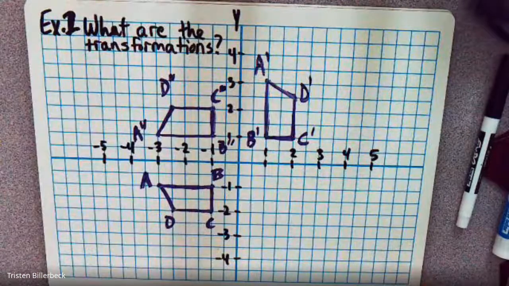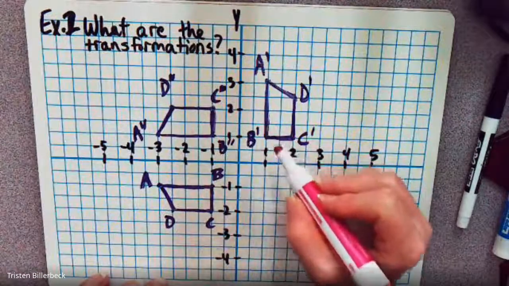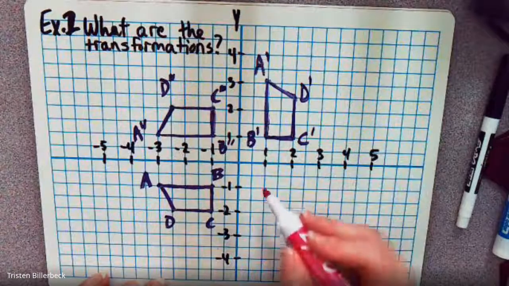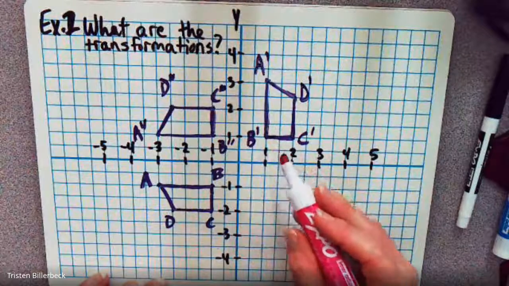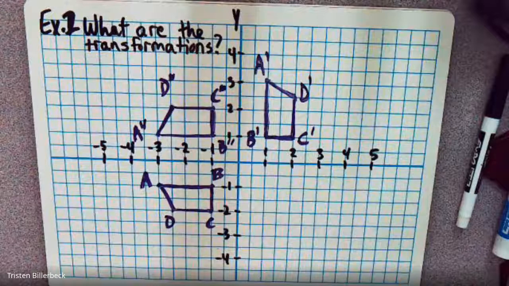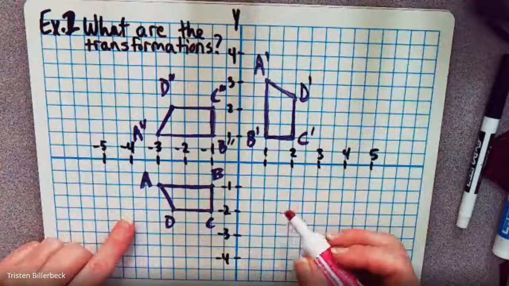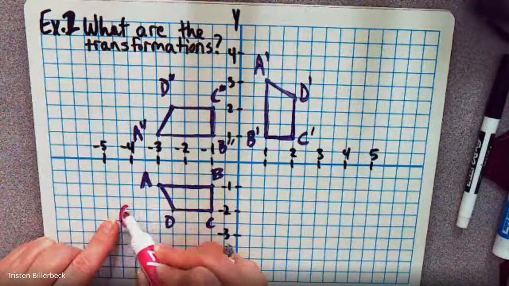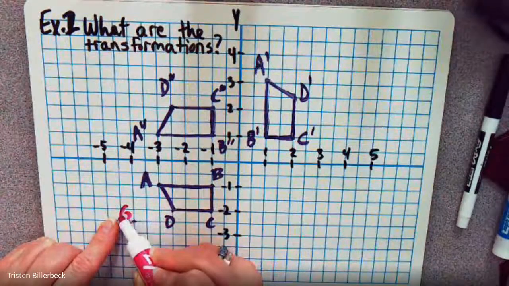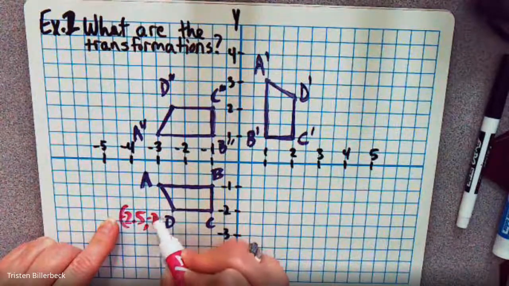Okay, so that means that perhaps there's a 180 degree rotation. So what we can do is check the coordinates. So let's check some of these coordinates. So we have, this one's at 2.5, -2.5, and that's at -2.